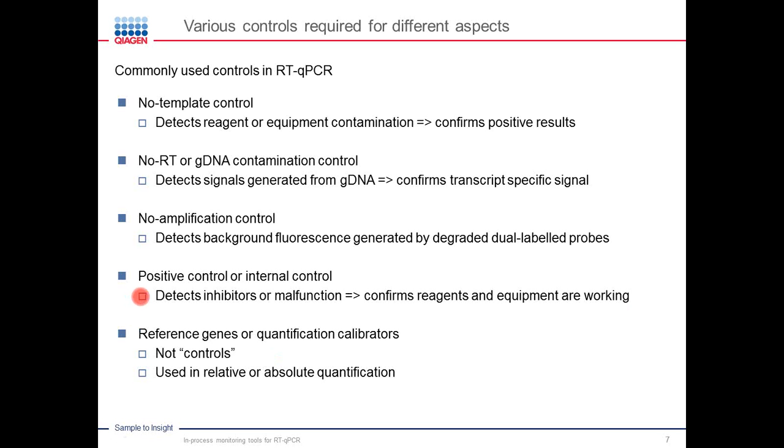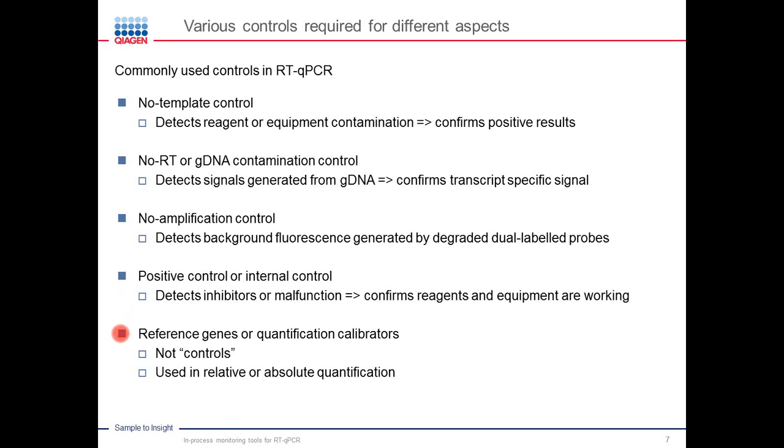But particularly inhibitors play a major role in changing or altering our quantitative results, particularly in gene expression research or experiment. A positive control or an internal control cannot really be replaced by a reference gene or by a housekeeper.